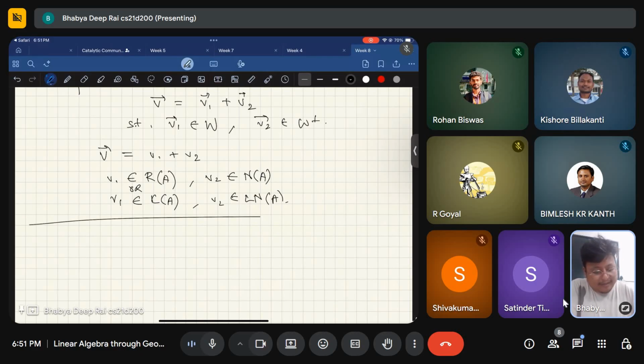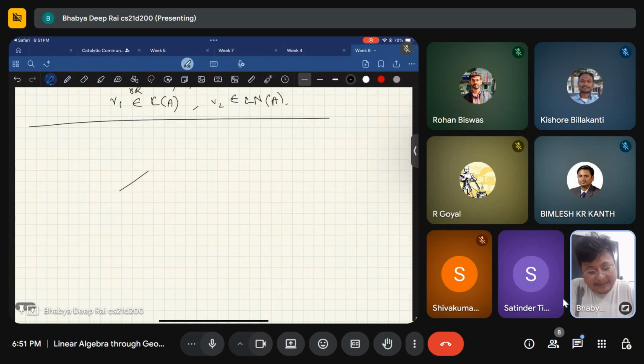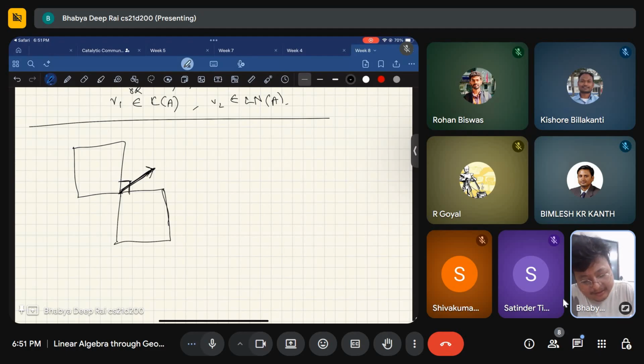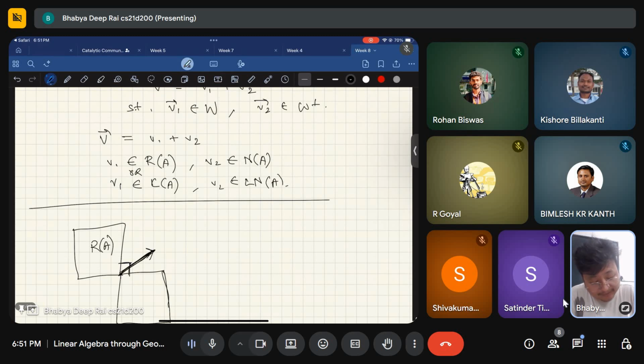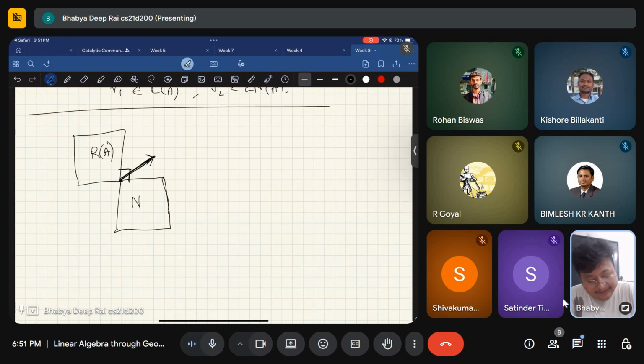So this is the interesting thing: any vector consists of perpendicular components that come from, say, the row space and the null space, and combining them I get the vector V. Not only can I write them, I can write them uniquely.